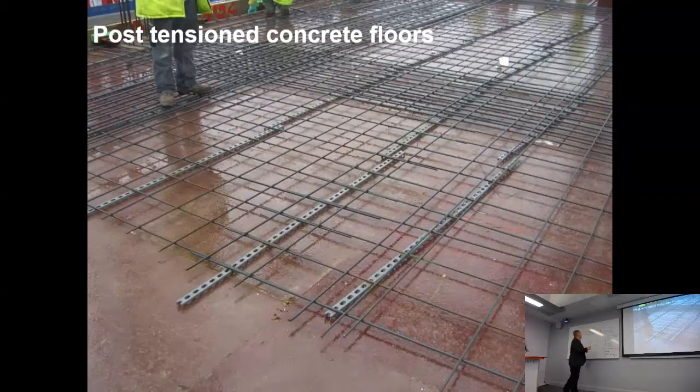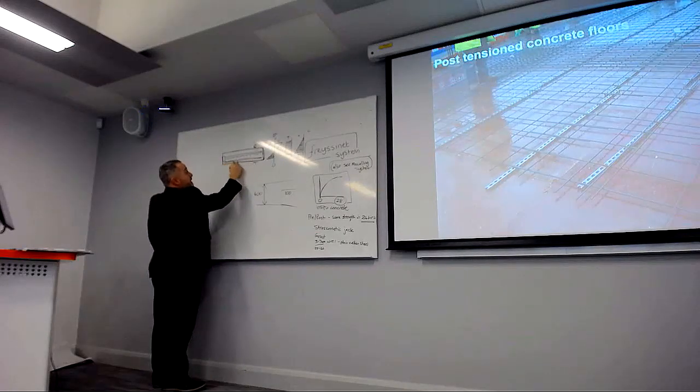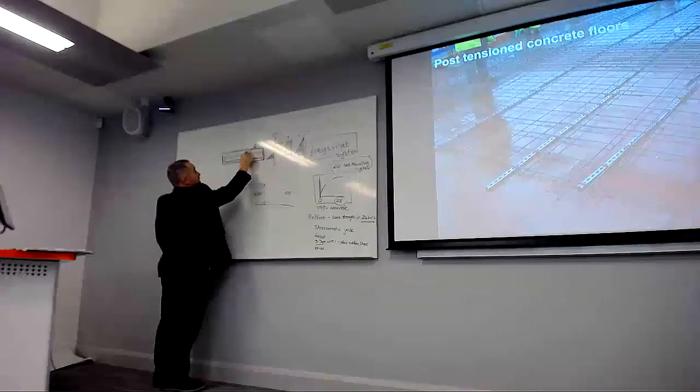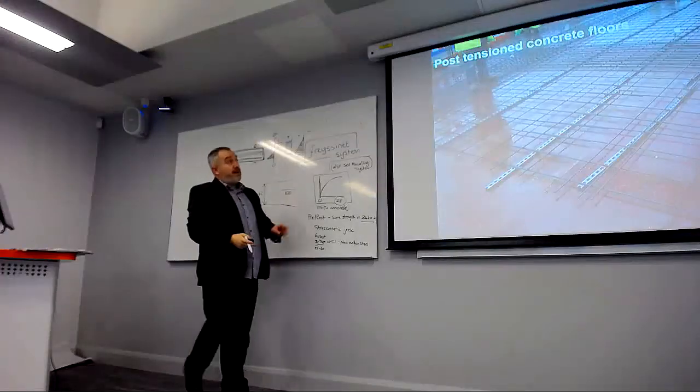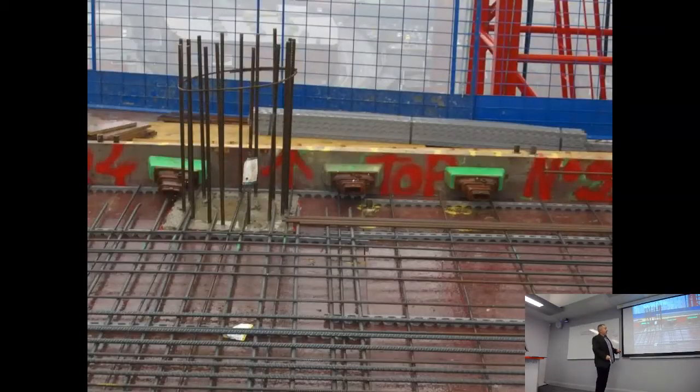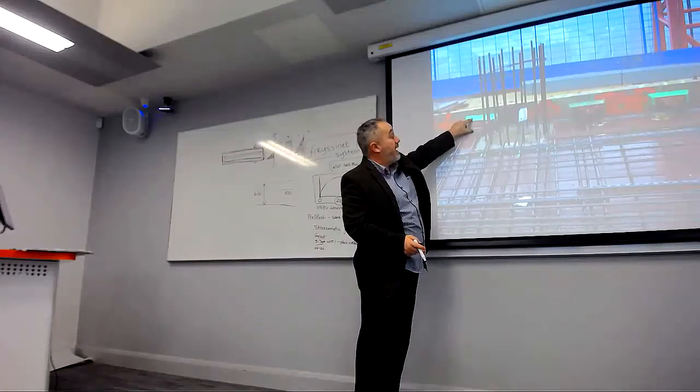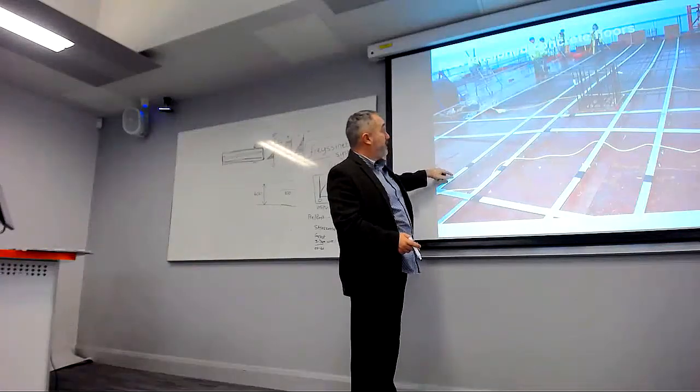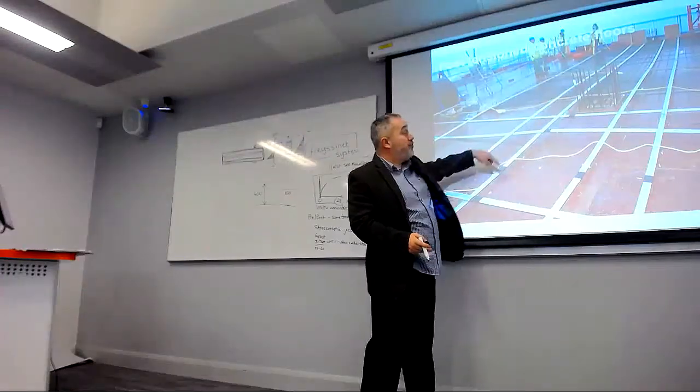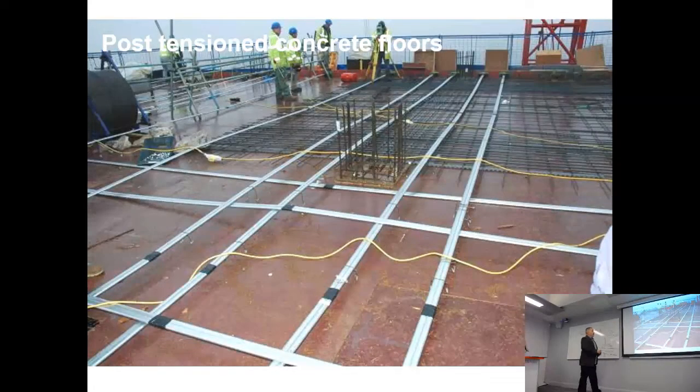Just to give you an idea, you still have your normal reinforcement in the top and bottom, but we have this additional steel that is tensioned. So we've got our anchor block at one end, and then we have these tubes that your tension steel is going to be going through.